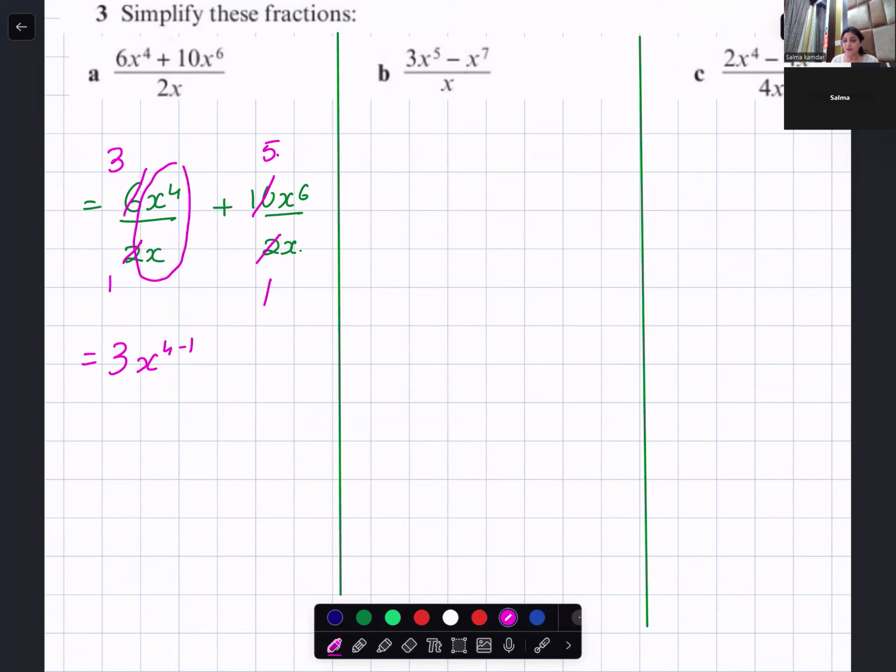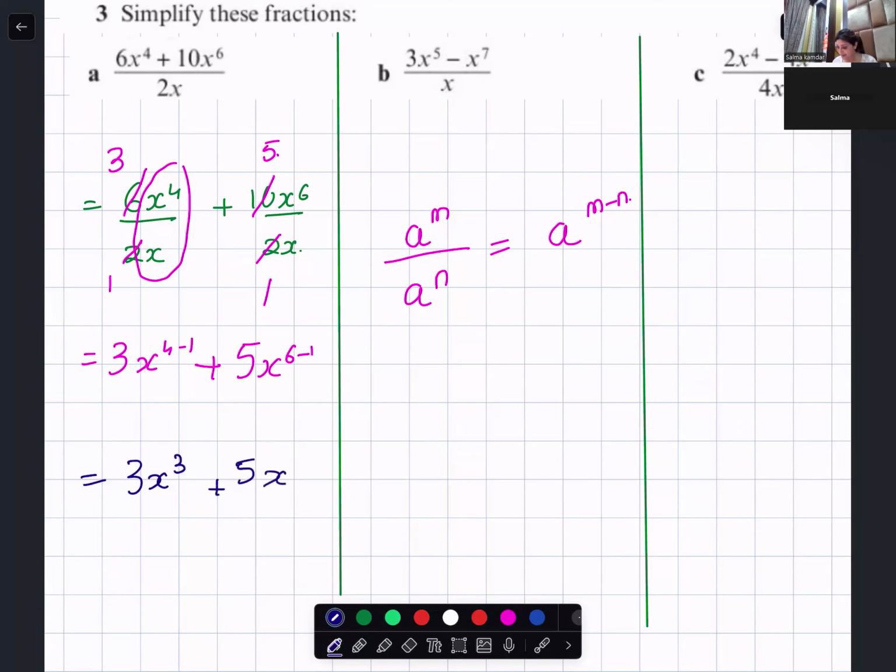To apply the law of indices, the base has to be same. So I say a raised to m divided by a raised to n. It makes it a raised to m minus n. So it becomes 3x raised to 4 minus 1 plus 5x raised to 6 minus 1. So it becomes 3x cubed plus 5x 5.